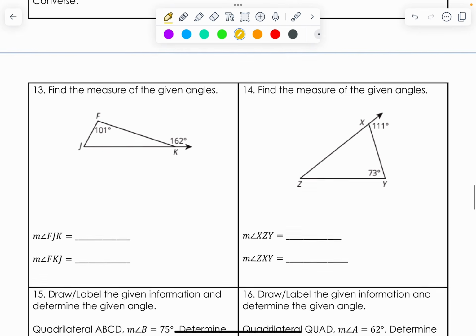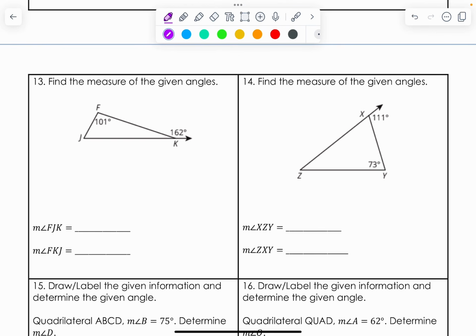Number 13, find the measure of the given angles. So this is an exterior angle. The 162 is exterior. So if you recall from notes, if you add a remote interior angle to the other remote interior angle, it should equal the exterior angle.